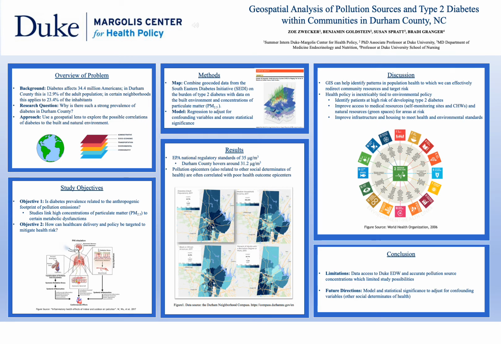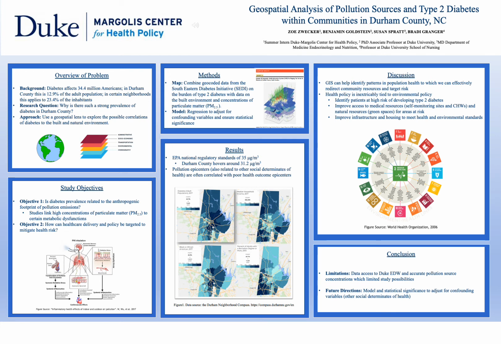Oftentimes this means getting rid of industry and replacing it with trees, grass, but we're also providing a space where people can get out and walk, which has really positive benefits for people who have diabetes. We can also work on improving infrastructure and housing. Again, this would be targeted to the areas that appear on the map to meet and exceed particular environmental standards in those areas.